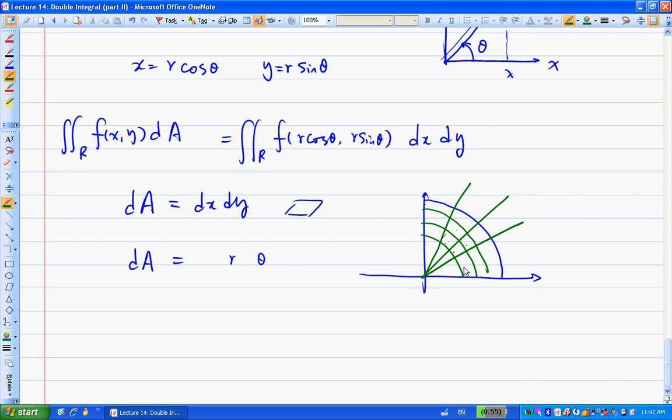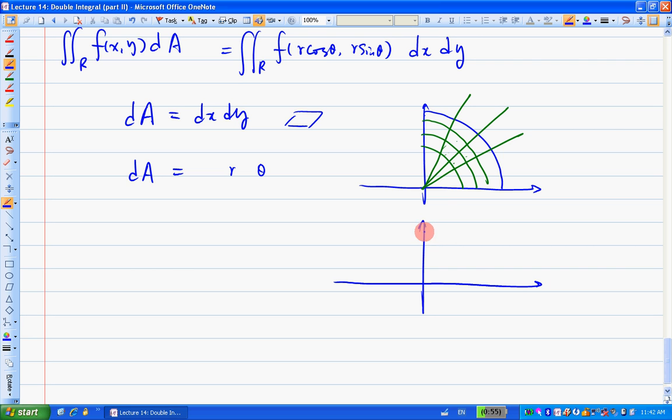So I'm going to single out one of them, and exaggerate it a little bit. Suppose we have an area sandwiched by two curves and two radial lines.